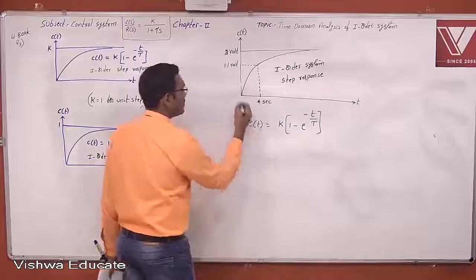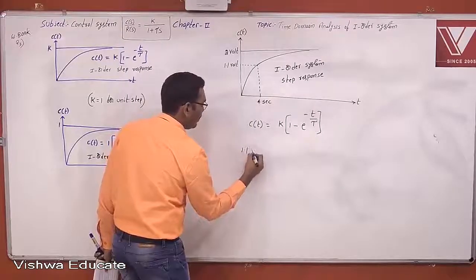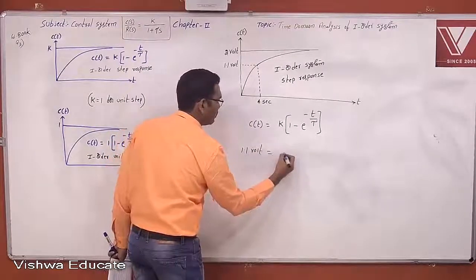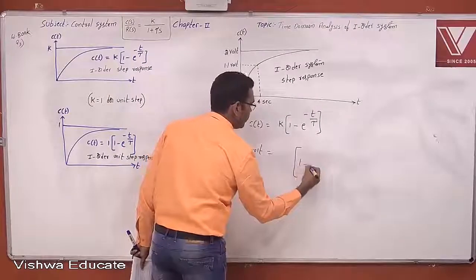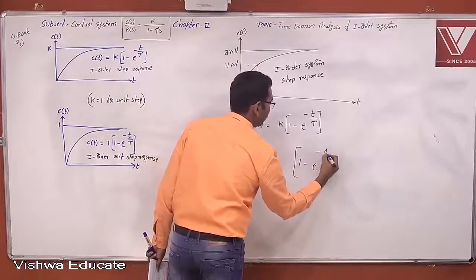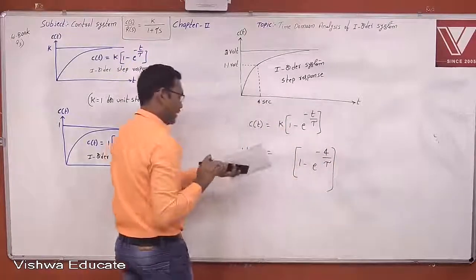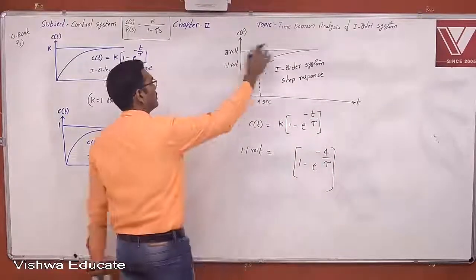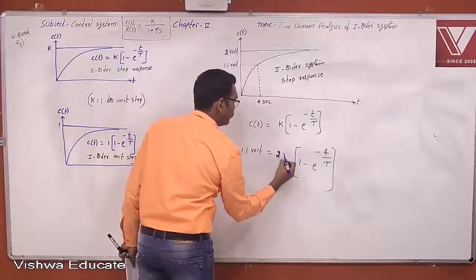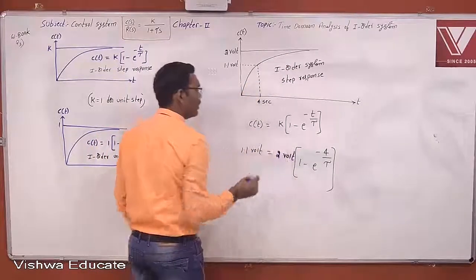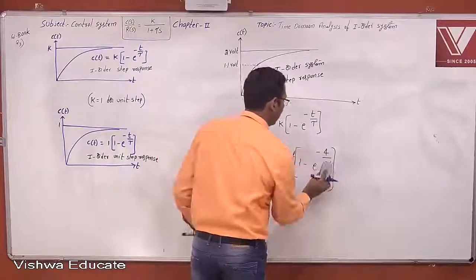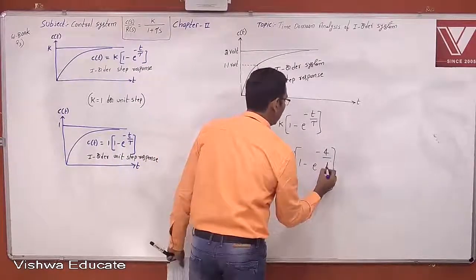So the response reaches 1.1 volt after 4 seconds and finally reaches a steady state value of 2 volts. There is only one unknown parameter here, the system time constant tau, which he wants to calculate.